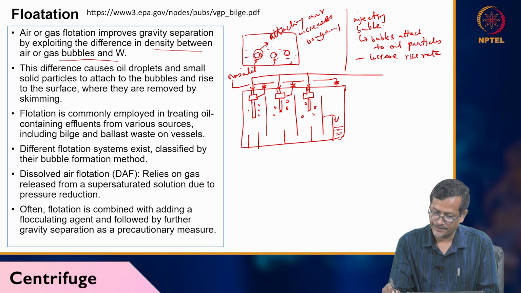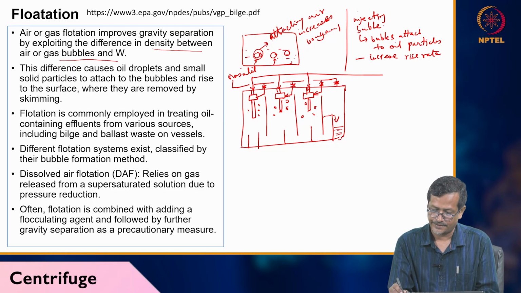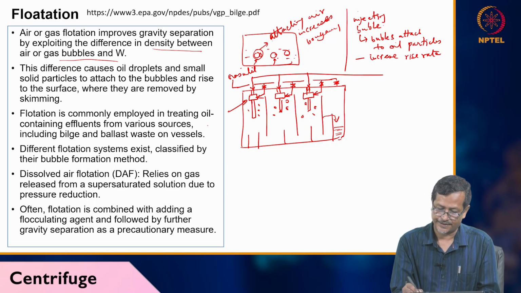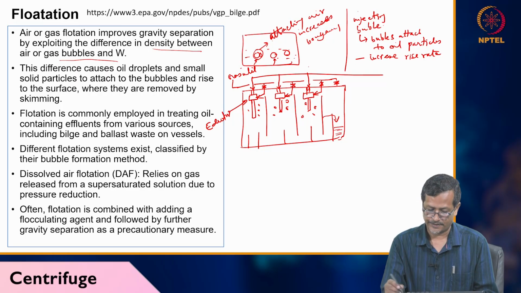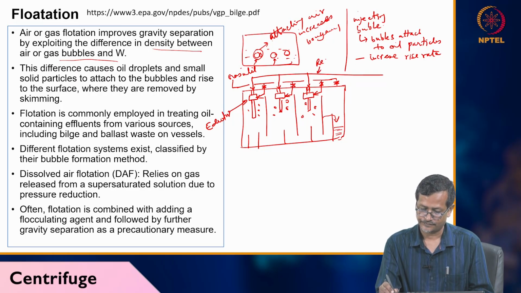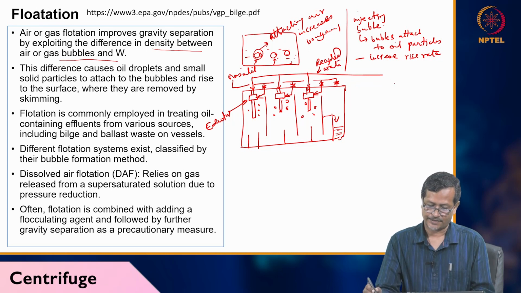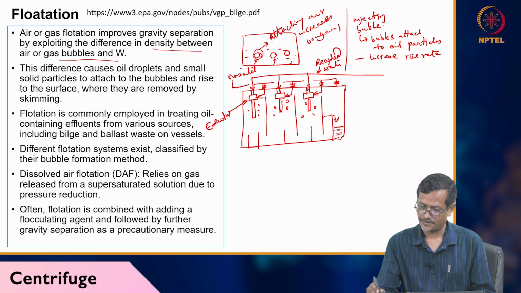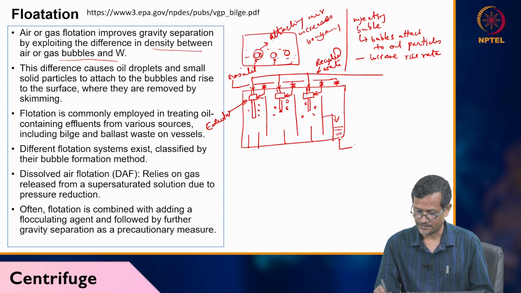Gas is going to the eductor, gas is going to the eductor. Okay, this is the eductor. And this is recycled water, and water from it is coming here, it is going here.